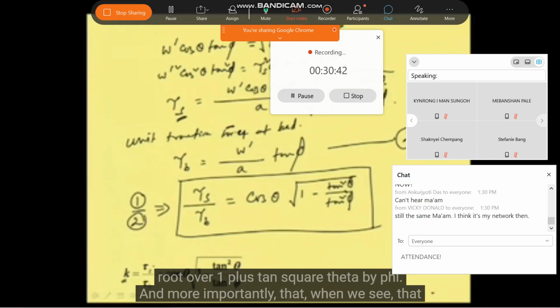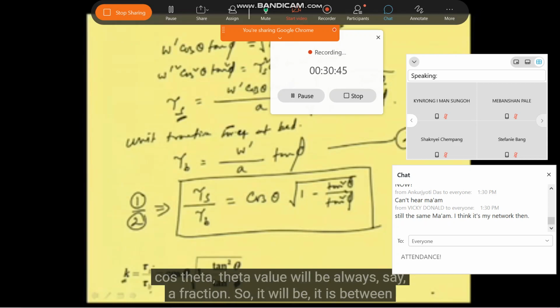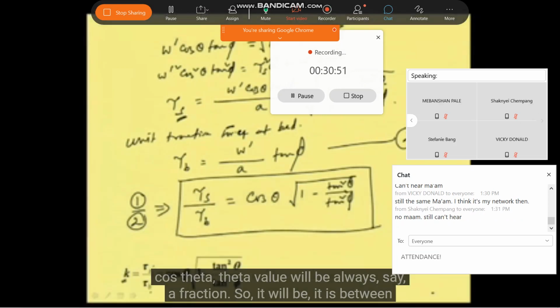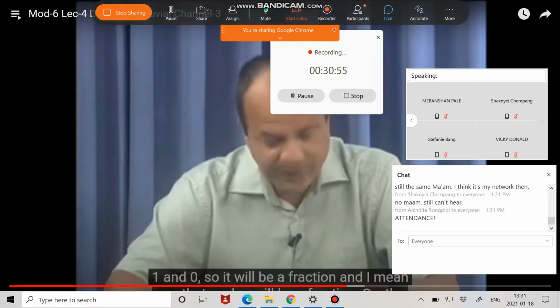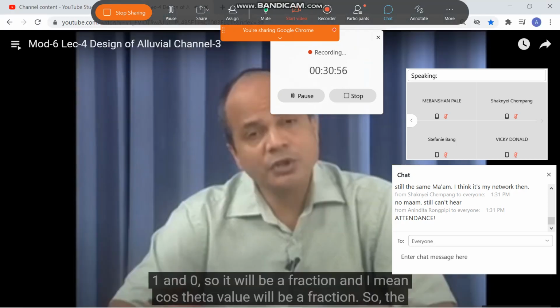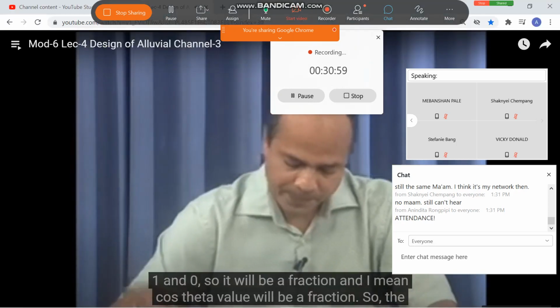More importantly, the cos theta value will always be a fraction between 1 and 0, the highest being 1.